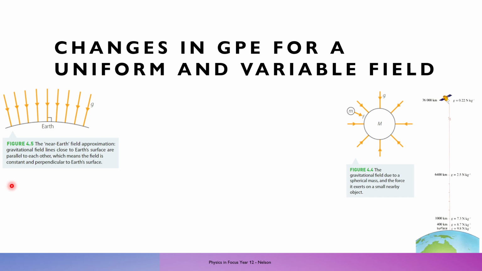So far in physics topics, we have relied on this near-Earth field approximation in most circumstances. It's this idea that even though Earth's gravitational field is radial around the Earth, in any local area right at the surface of the Earth, we can assume that the gravitational field is parallel at all points and is constant in magnitude.